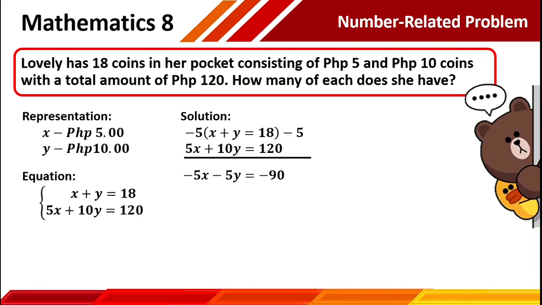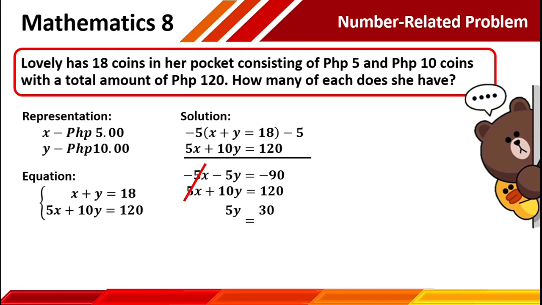I will just copy the second equation, therefore we will have 5x plus 10y is equal to 120. As you can see, we can cancel negative 5x and positive 5x because when we add negative 5x and 5x, we will be getting 0. Okay? So negative 5y plus 10y is 5y, and negative 90 plus 120 is simply 30.